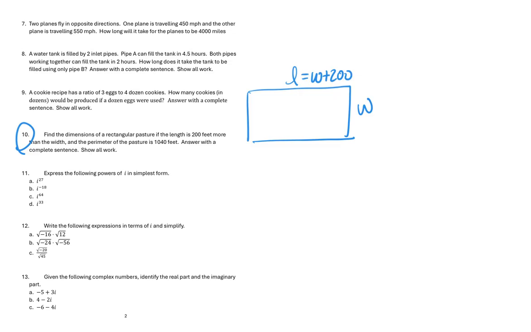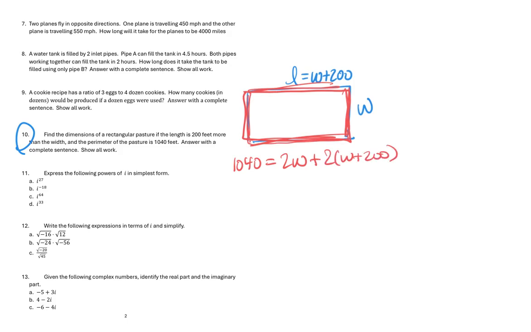And then the perimeter, that's the distance all the way around. So I'm going to have 1,040 is equal to, well, if I go all the way around, I'm going to have the width 2 times. So 2W plus, I'll have the length 2 times. So 2 times W plus 200.